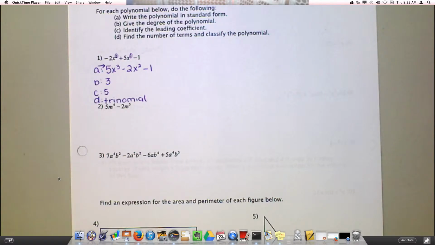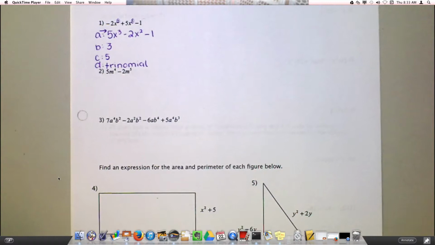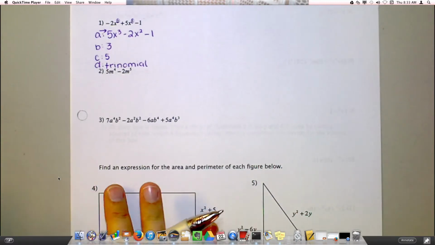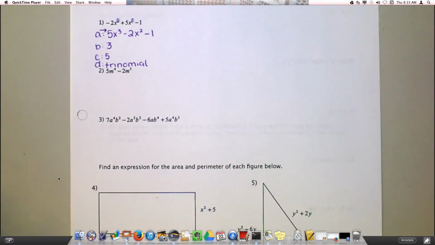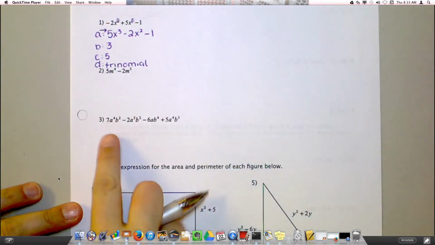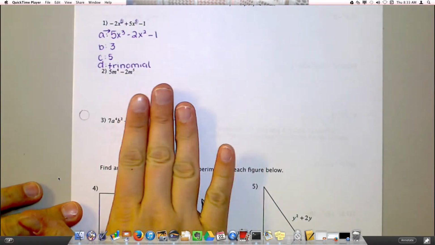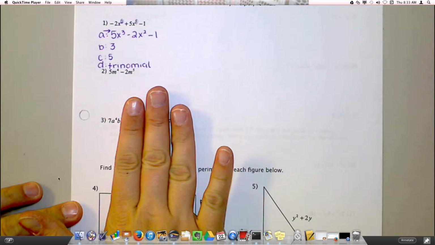Rachel? Like on number 3, you know how it says like there's the 6ab with the 4 and then. Yep. Would you put that before or after the one with? Great question. We've sort of talked about 2 different ways to do standard form when you've got more than one variable like that. What I would do is, how do you find the degree of just this, 7a to the 4th b squared?